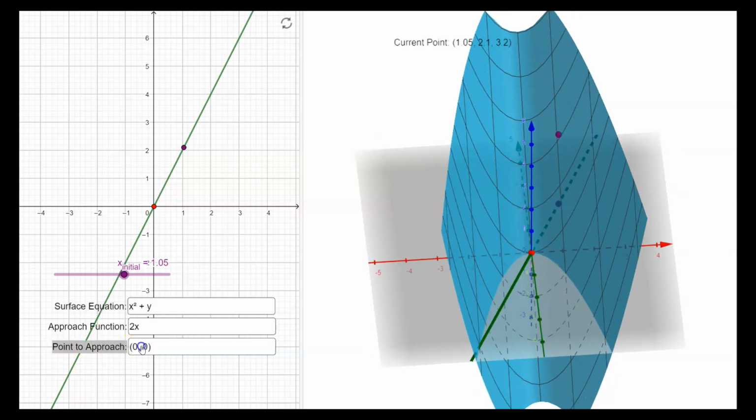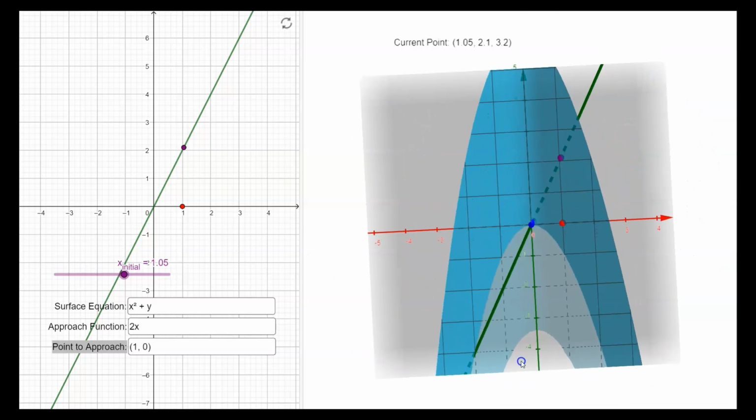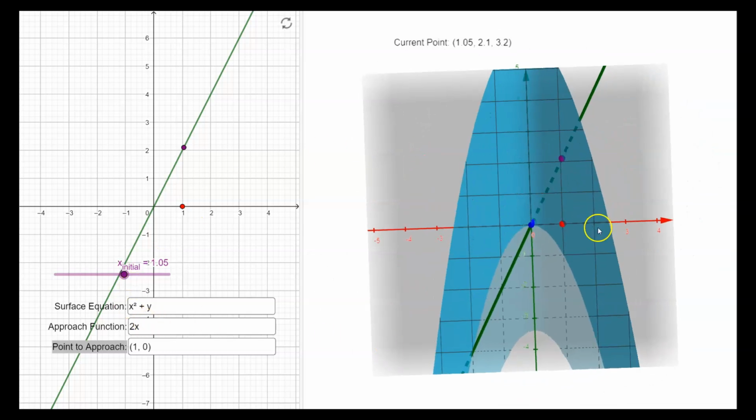Okay, so the point to approach, I'm going to enter that here. If I change this to like 1, 0, for example, you can see that in the two-dimensional plane, if I look down at it like this, these two graphs are now the same.